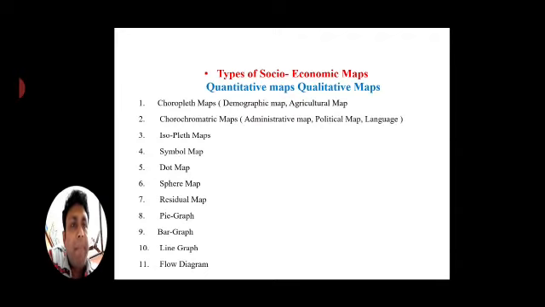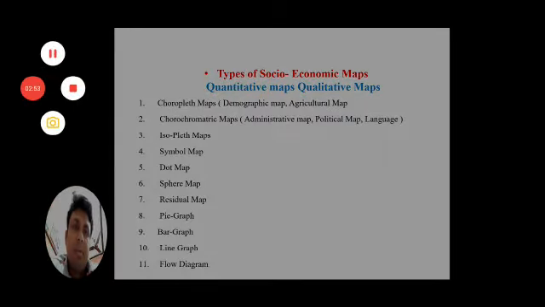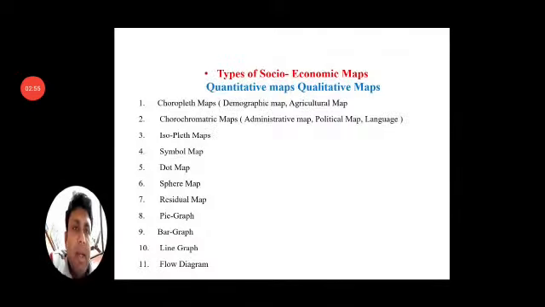We can classify socio-economic maps mainly into quantitative maps and qualitative maps. Primarily, we have to know the quantitative maps. Quantitative maps mean that different types of data and different types of formulas can be applied and represented through a map.